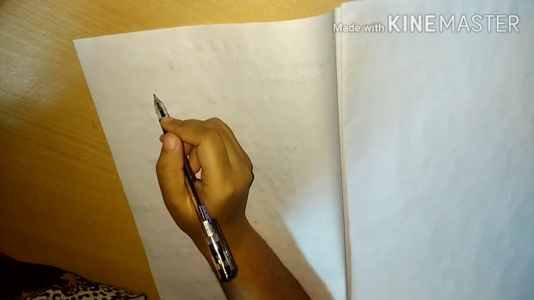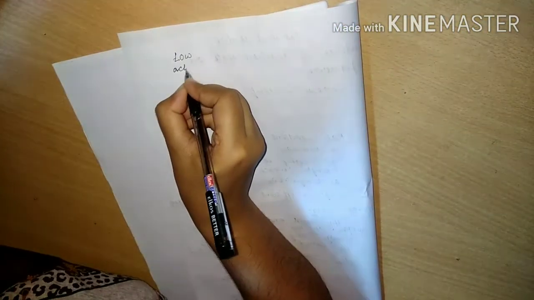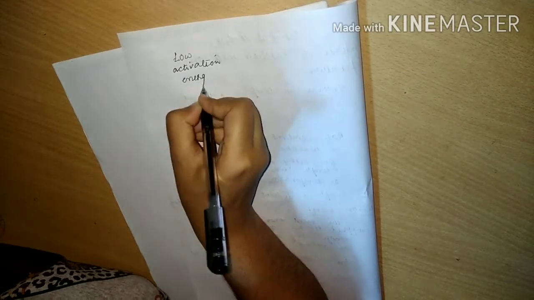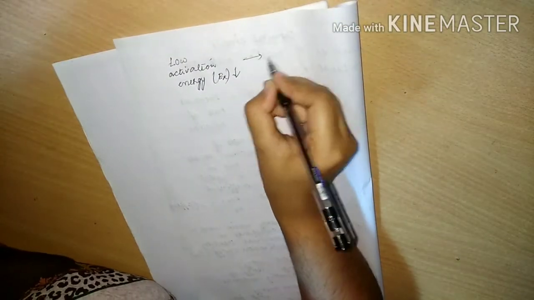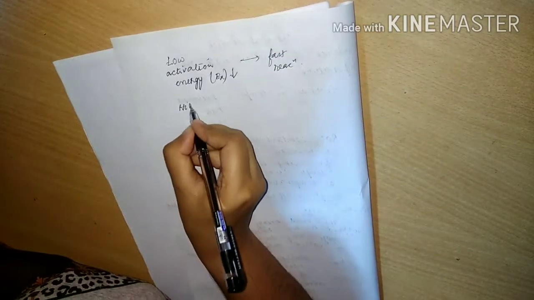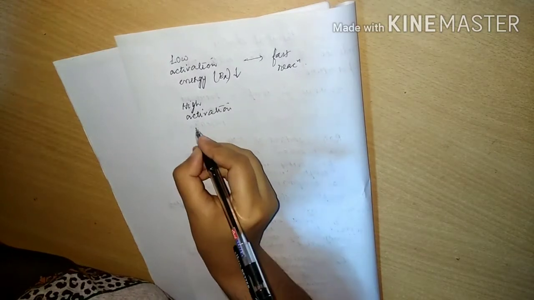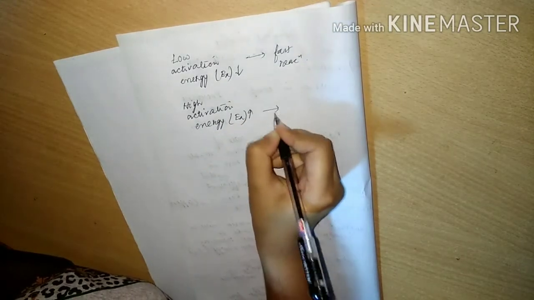Now I will show you the graph, how the activation energy, if it is low, affects the reaction. If the activation energy is low, the reaction will be fast, and if the activation energy is high, the reaction will be slow.